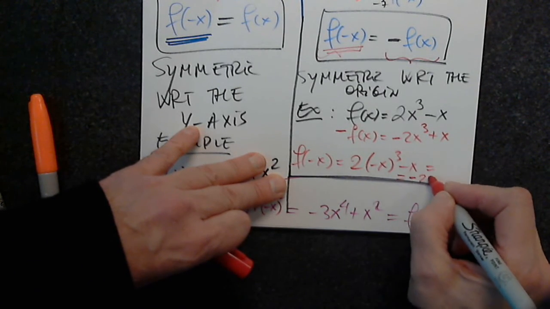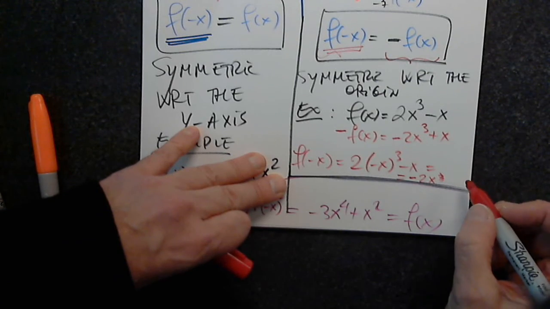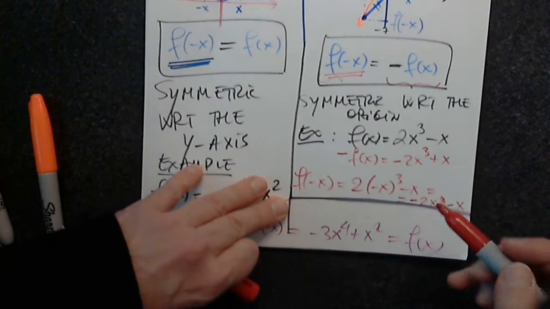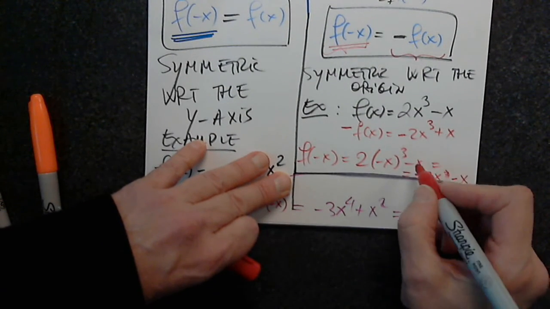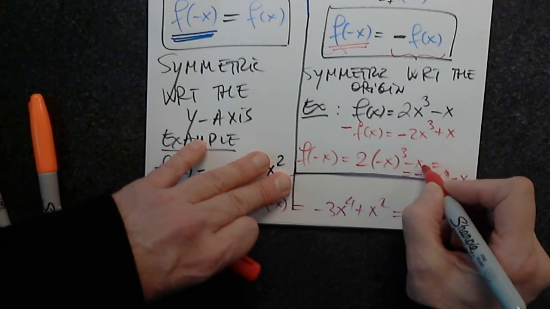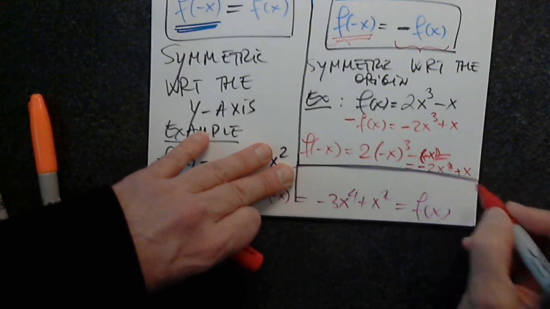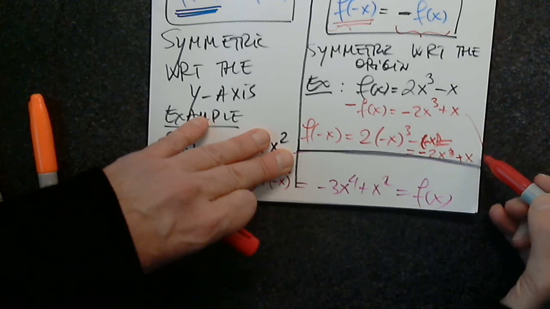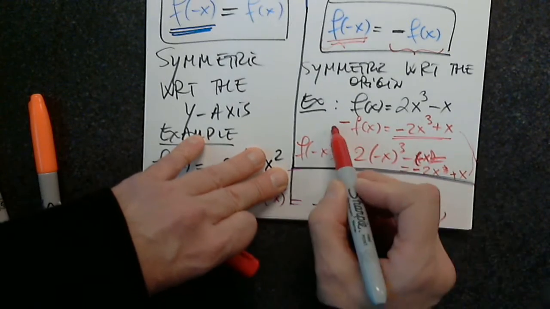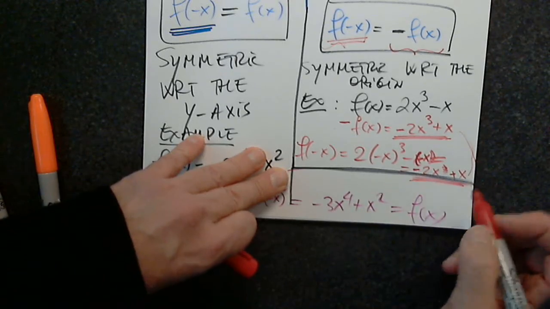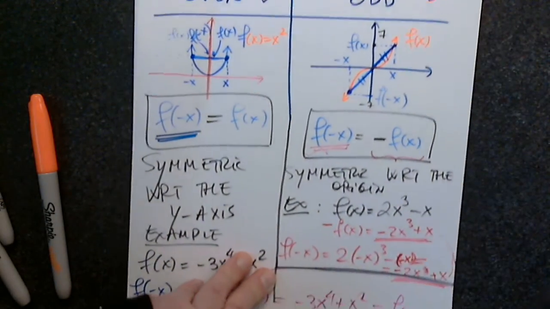So this becomes negative 2x cubed and minus x, minus x was plus. Since these two are equal, the negative f of x and the f of negative x are equal, then I will say the function is indeed odd.